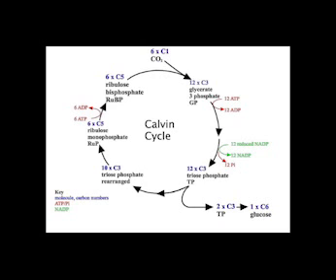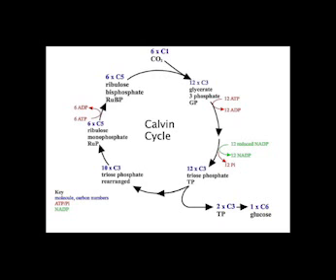ADP, Pi, and NADP plus are released and then re-energized in non-cyclic phosphorylation. The third part, regeneration, is where 6 ATP are used to convert 10 G3P to 6 RuBP. The regenerated 6 RuBP, originally used to combine with 6 CO2, allows the cycle to repeat.